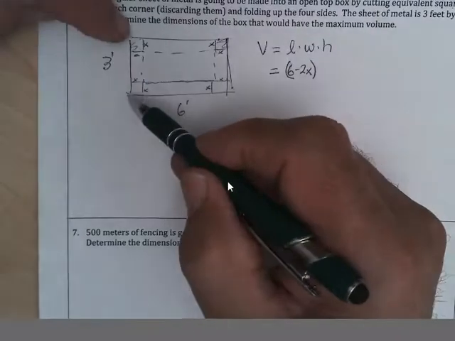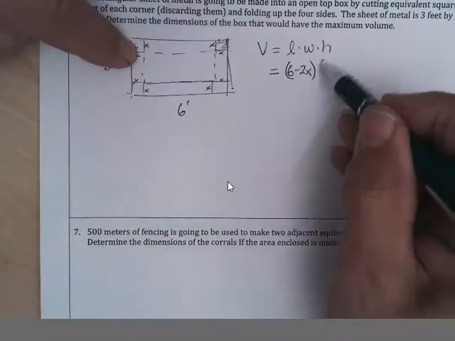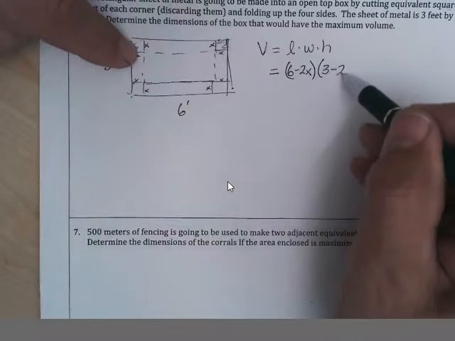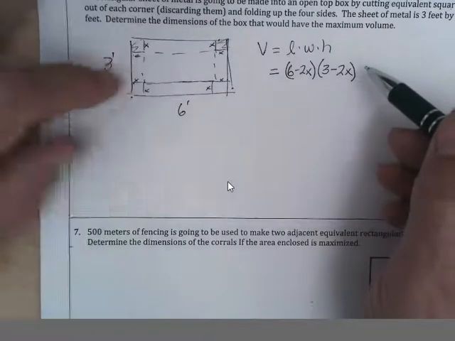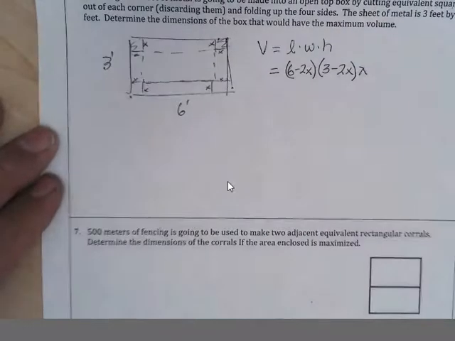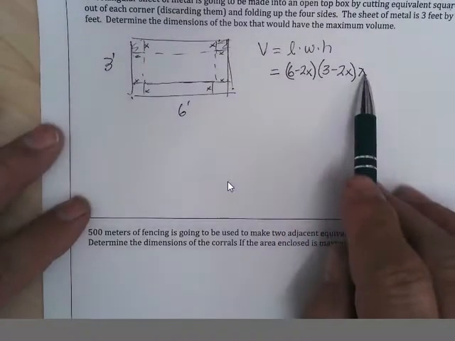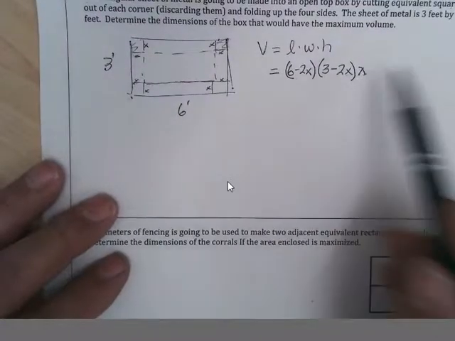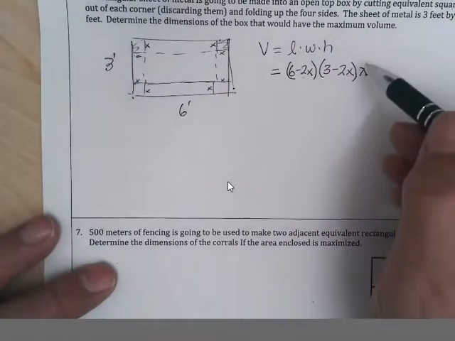The width is going to be 3 minus 2X. And the height is going to be how much we fold up, which is X. And we've got to take the derivative, so we can use the product rule, or we can multiply this together and then do just the regular power rules.